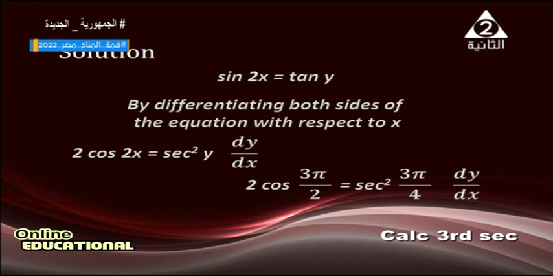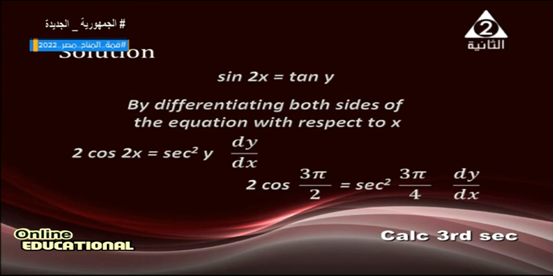Then 2 cosine 2x equals sec power 2 y dy dx. At the point (3 pi over 4, 3 pi over 4), 2 cosine 2x, which equals 2 cosine 3 pi over 2, equals sec power 2 y, y equals 3 pi over 4, then sec power 2 3 pi over 4 multiply dy dx.